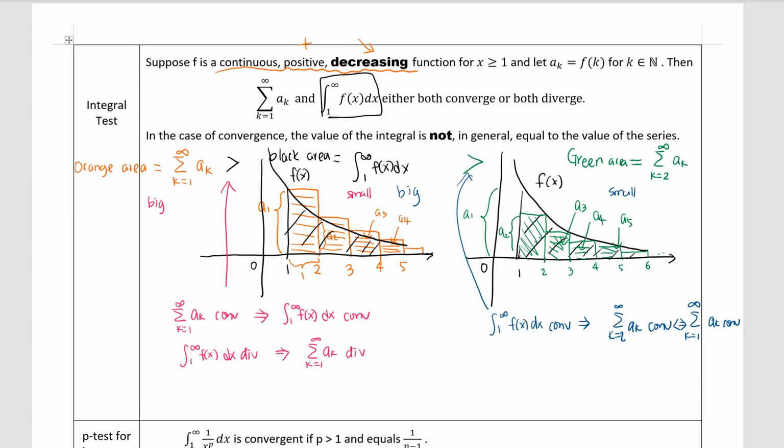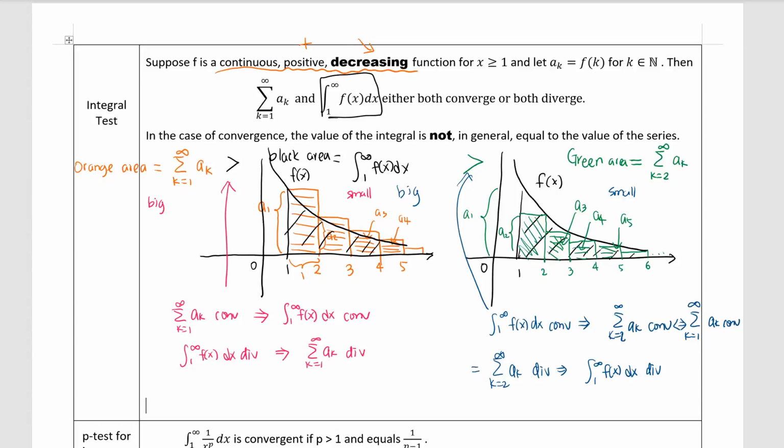Okay, and if the small guy diverges, it implies the big guy also diverges.